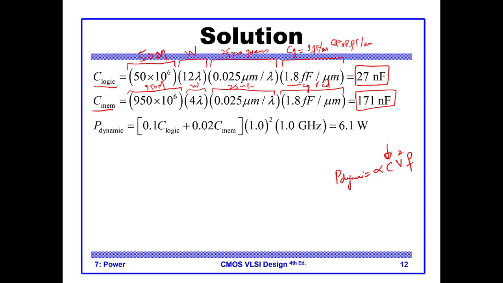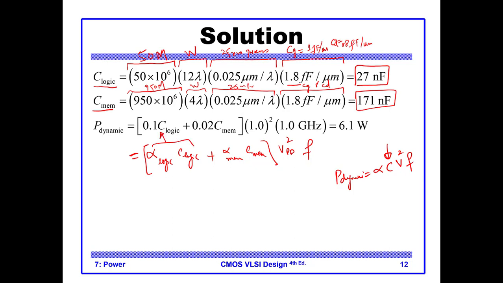Now we can write, for example, this equation, which is alpha logic times C logic plus alpha memory times C memory into VDD square into F. So these two terms are here.